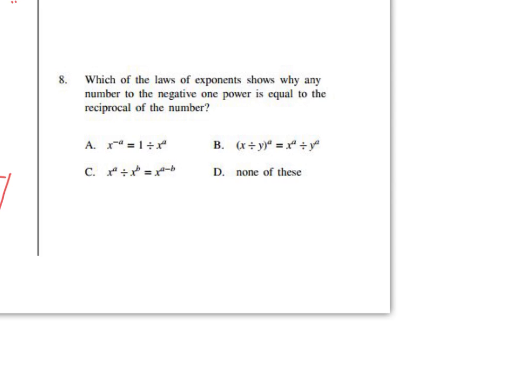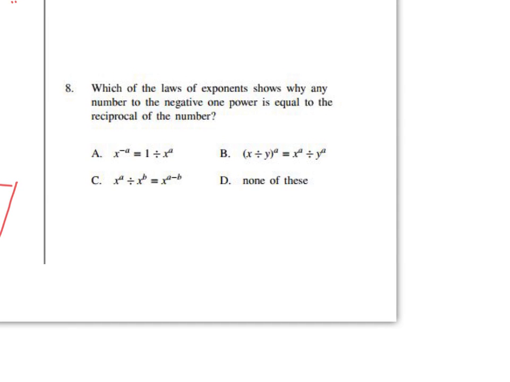Okay. Maybe we have a negative exponent there, right? B, we're dividing x by y. So it's like that a gets distributed, remember? Like everything in the parentheses gets the a. And C is that division rule. We subtract the exponents. So the best answer there is A.